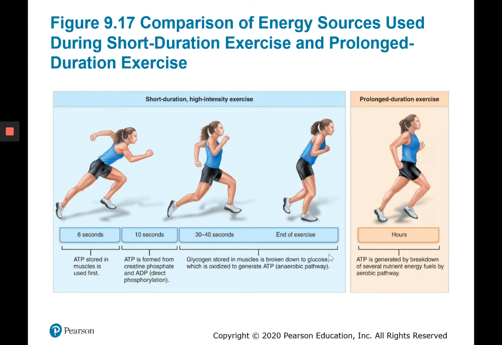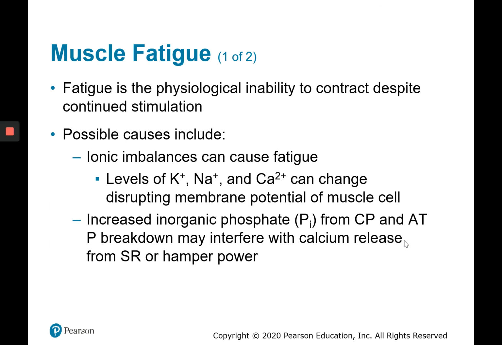We want to have quick energy for a short period of time, which is great for creatine phosphate and the anaerobic pathway. But any sustained, prolonged duration exercise must use the aerobic mechanism because even though it takes hours, it's also able to sustain hours of exercise.